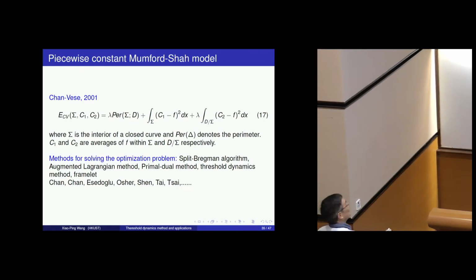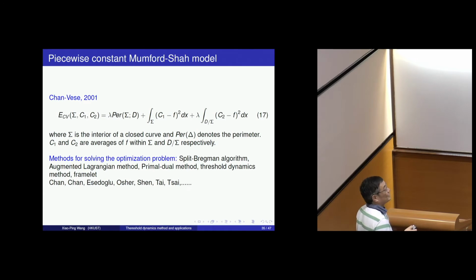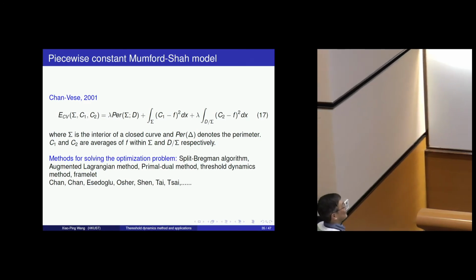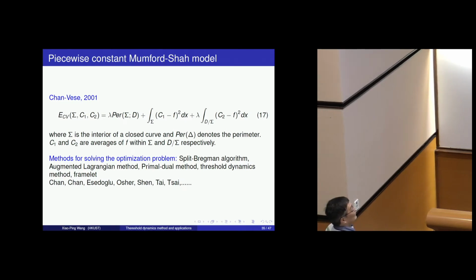So it's well known that the image segmentation problem can also be formulated as minimizing a certain functional, where this is the so-called piecewise constant Mumford-Shah.